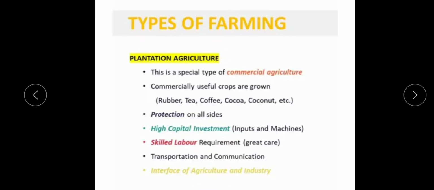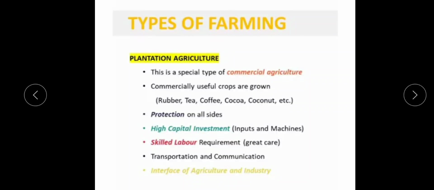Rubber, tea, coffee, cocoa, spices, coconut and different fruits like apple, mango, oranges, amla, etc., are all grown through plantation agriculture. This agriculture is mostly practiced in the hilly regions.